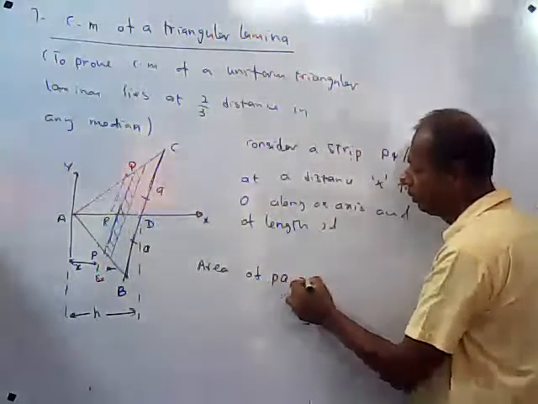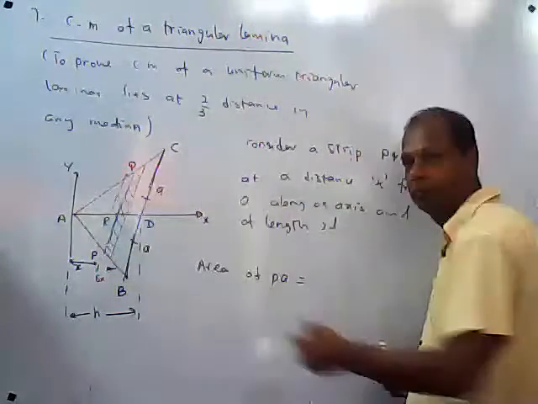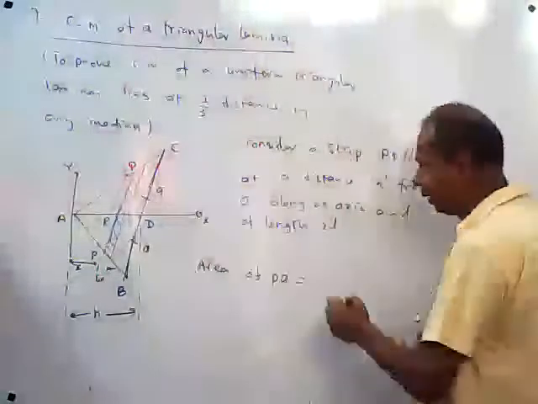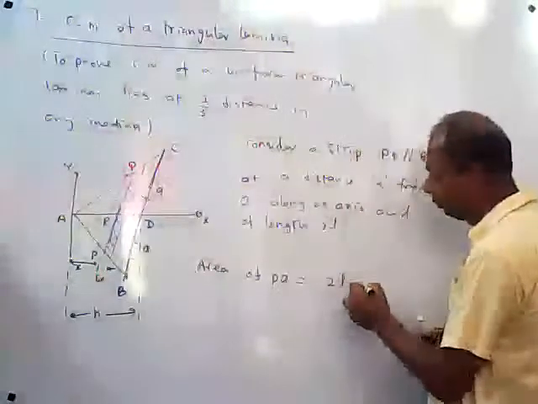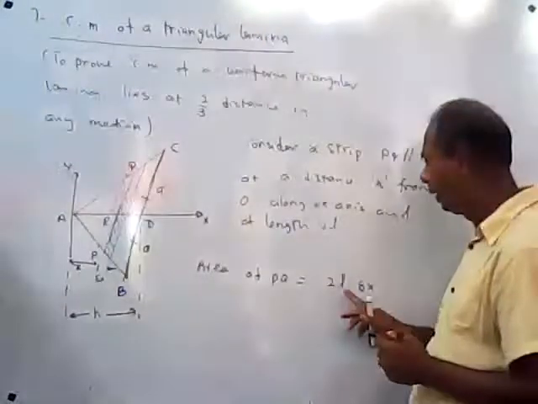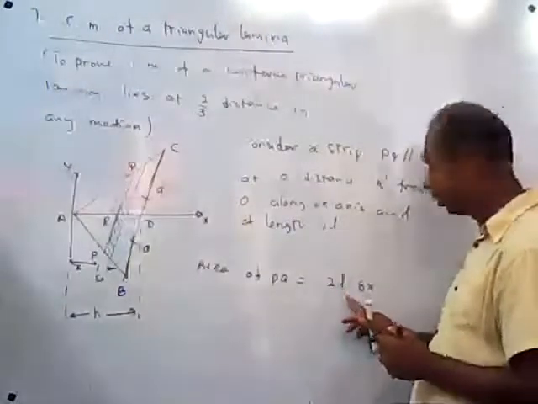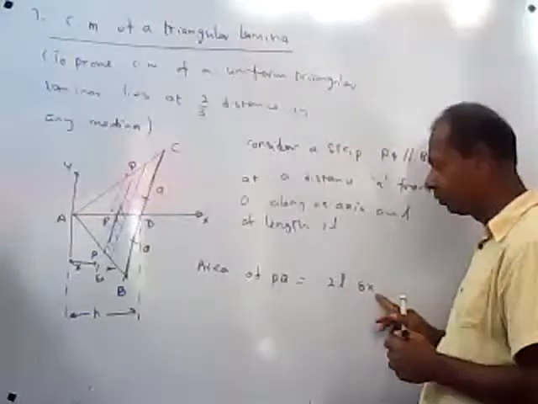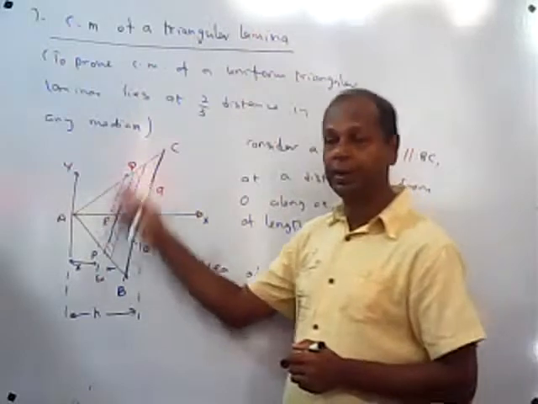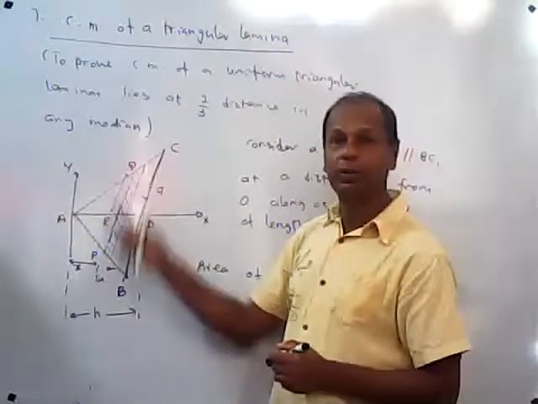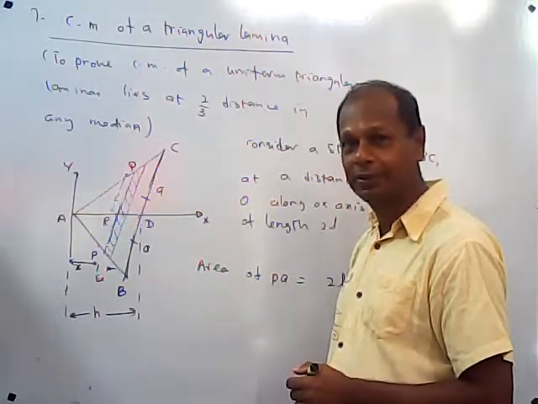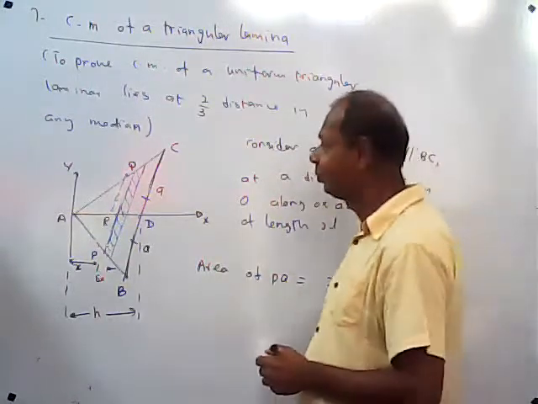What is it? 2L into delta x. Actually, not L. This time we are going to integrate with respect to x. L is a variable, which becomes a problem.